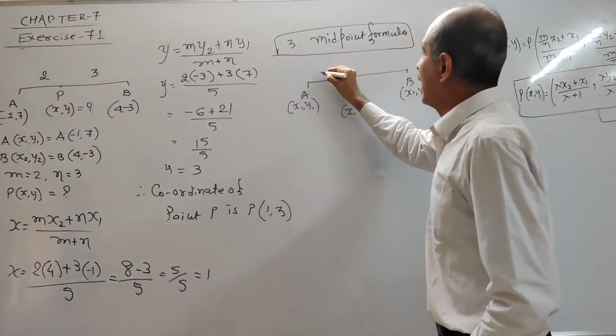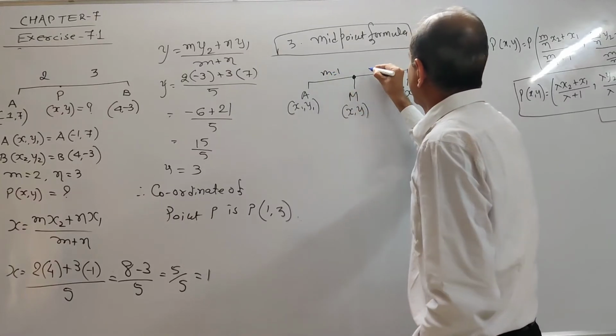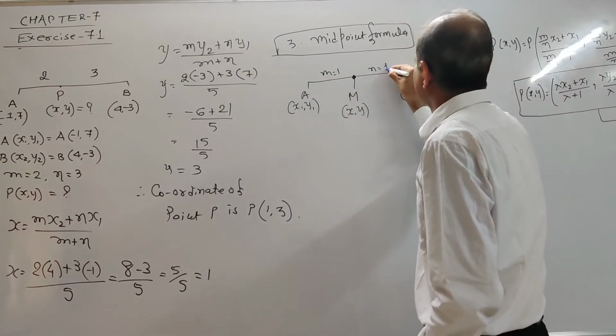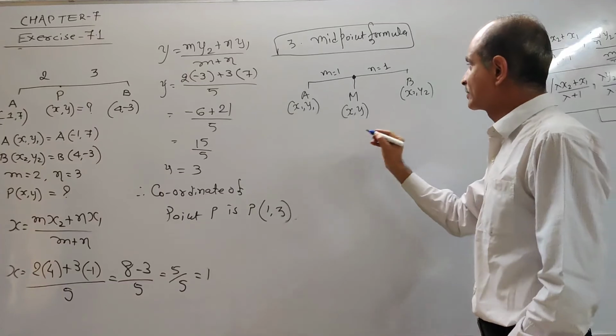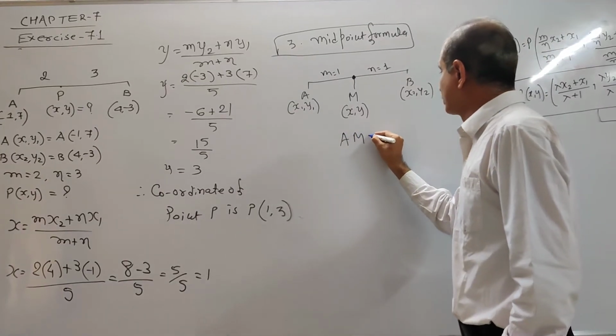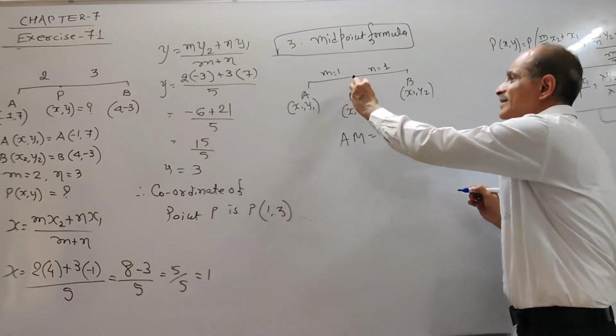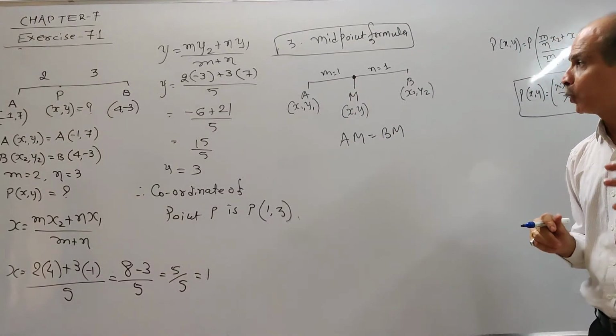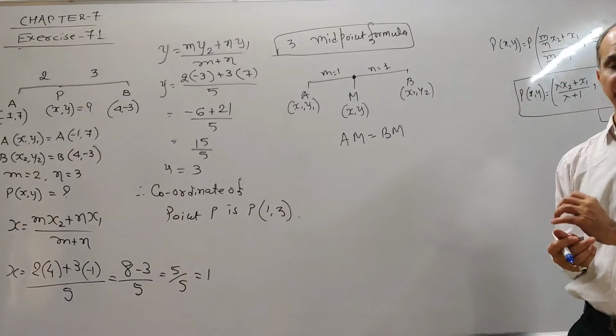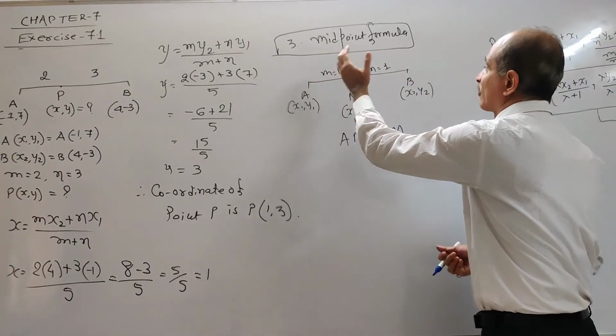So here m is 1 and n is also 1, because distance AM is equal to distance BM. Why? As M is midpoint of line segment AB. So m is equal to n.